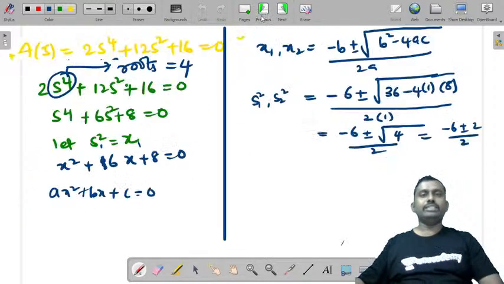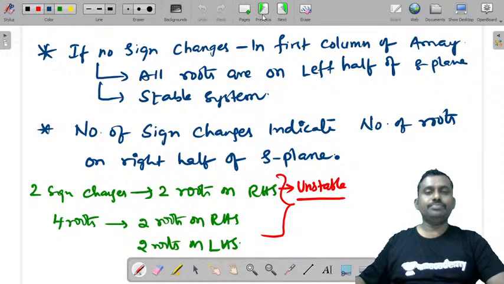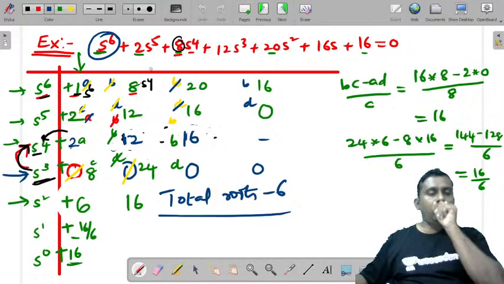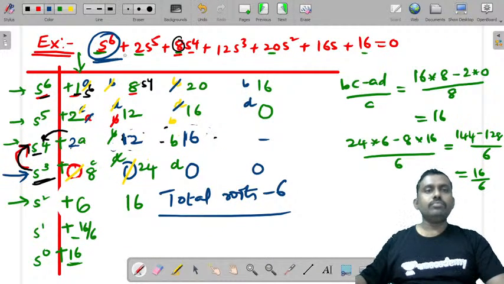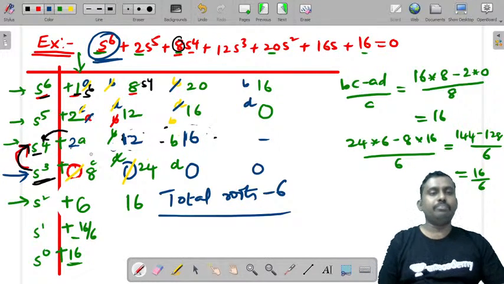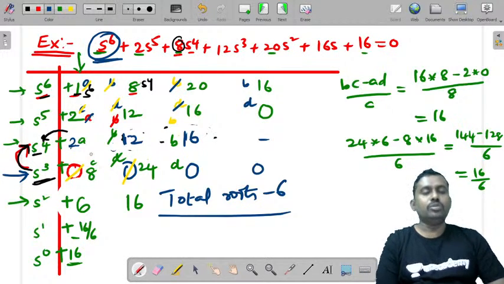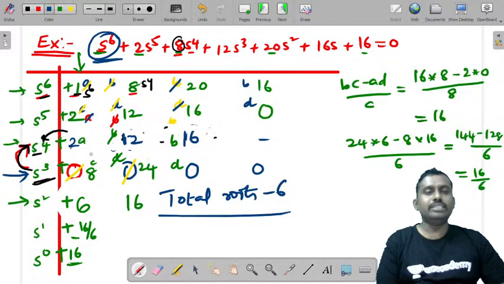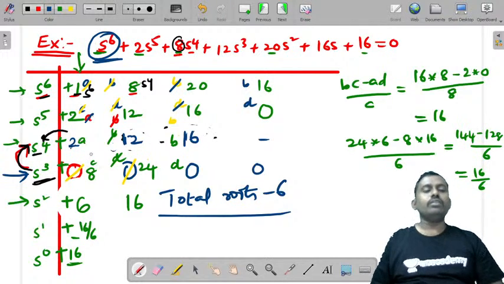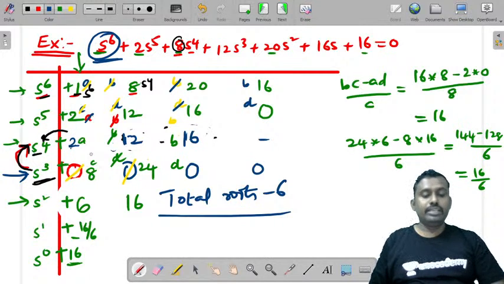This point is clear. Once again, we'll look at what we have done. We were given a characteristic equation. We tried to solve this and fill the routh array. When we were trying to fill this routh array, one row became completely zero. Whenever a row becomes completely zero, it means it is an oscillatory system or the roots are on the imaginary axis.